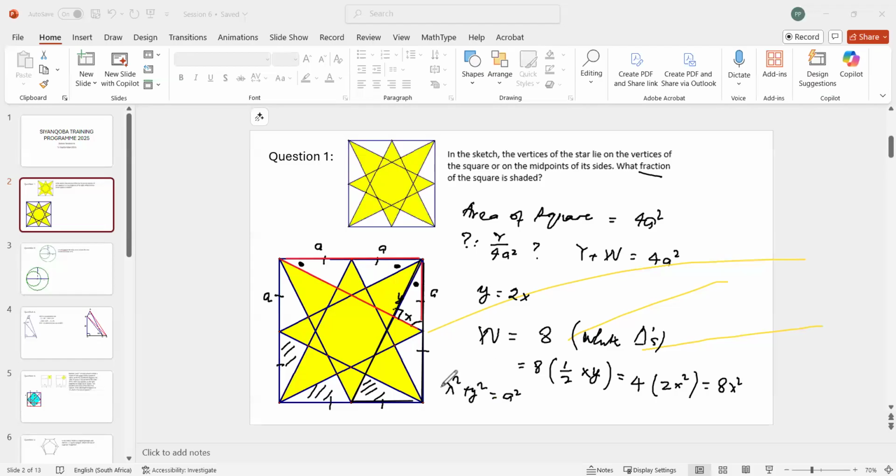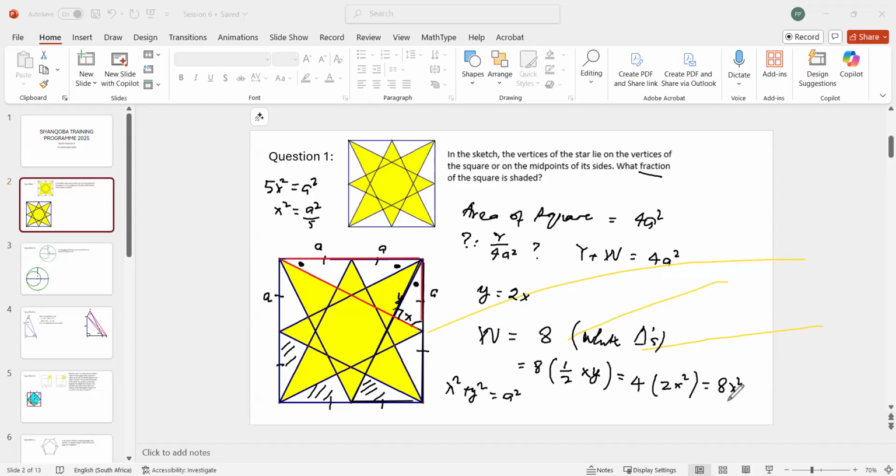So you got 4X squared plus X squared is 5X squared. So I'm going to go into this corner here. Sorry about this. So I got 5X squared is A squared. And therefore X squared is A squared over 5.